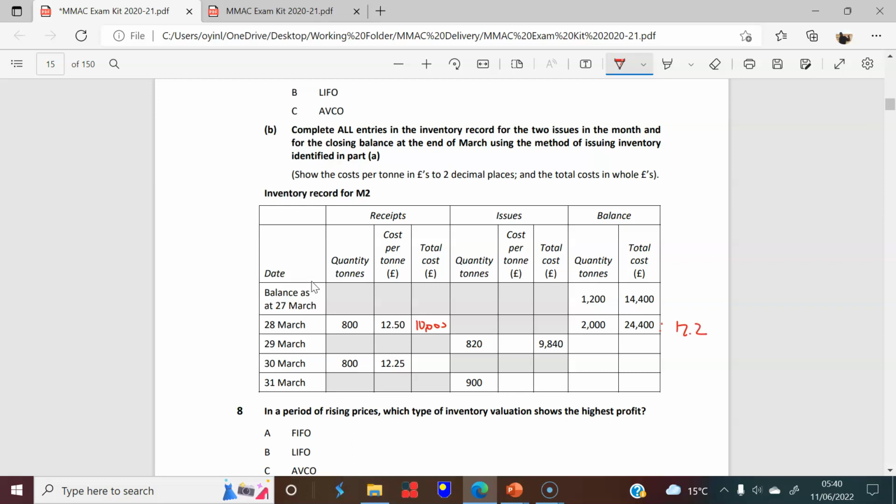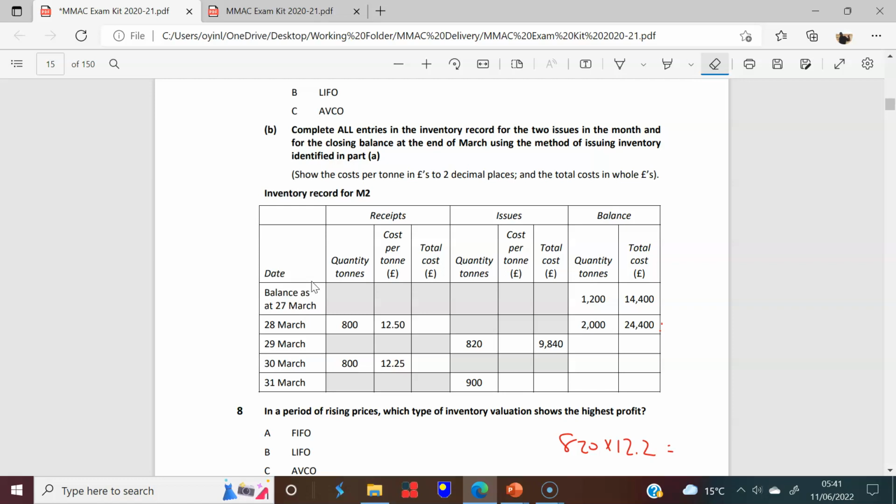So if it was the AVCO method I'm using, I should find that 820 times 12.2 gives me the 9,840. Let's find out, times 820, and no, it isn't. So I am not using the AVCO method. That's the first point. So the question here is, which method are you using?